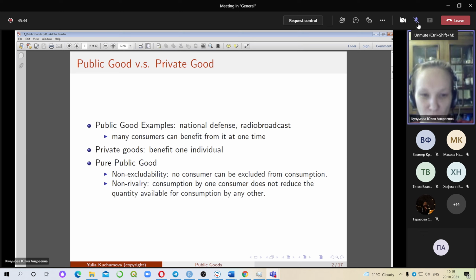And the second property, non-rivalry: if one person listens to this open radio broadcast, a second person can listen to exactly the same one, and the consumption of one person doesn't reduce the consumption of the other. This kind of makes sense. And remember, this property characterizes a pure public good. Okay, yes.